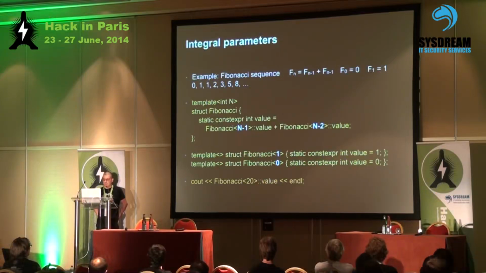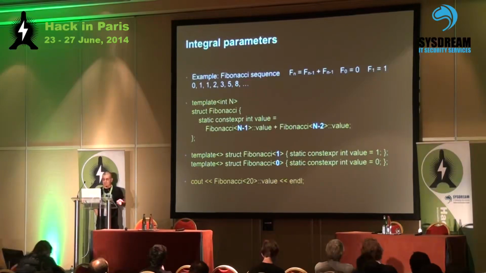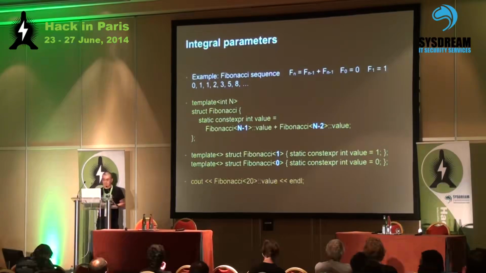And to compute these items, I'm referencing the same template. So it's a recursive template. And the recursion has to stop somewhere. So I'm declaring afterwards two special values, for 1 and 0, with the values 1 and 0.